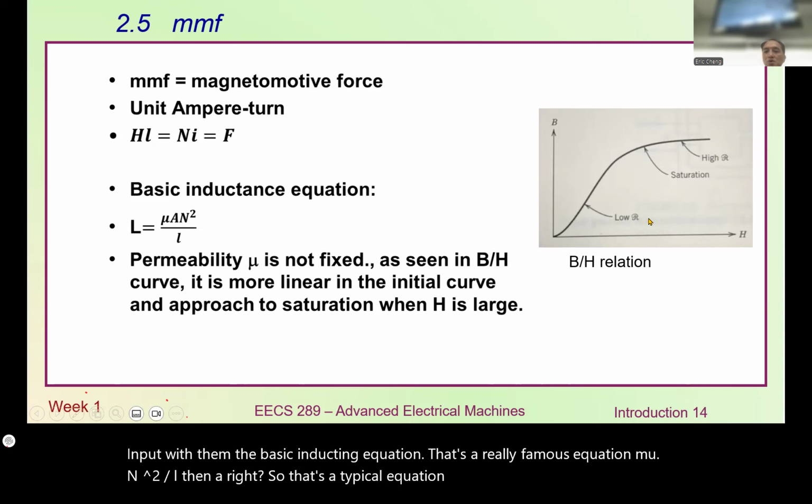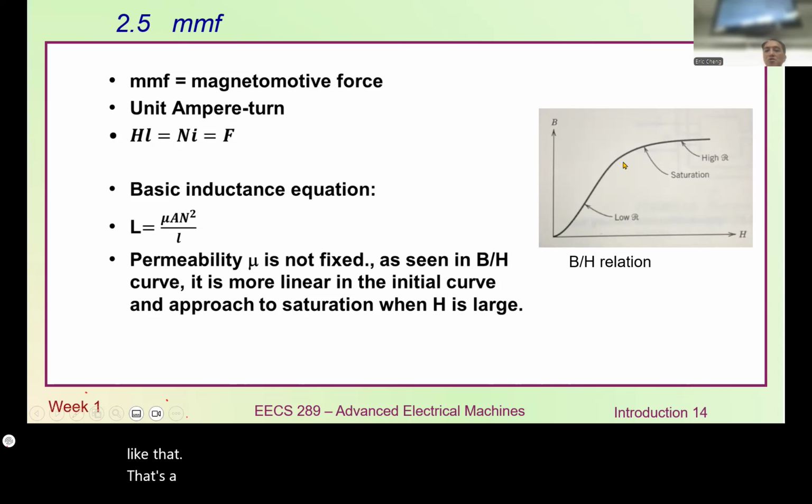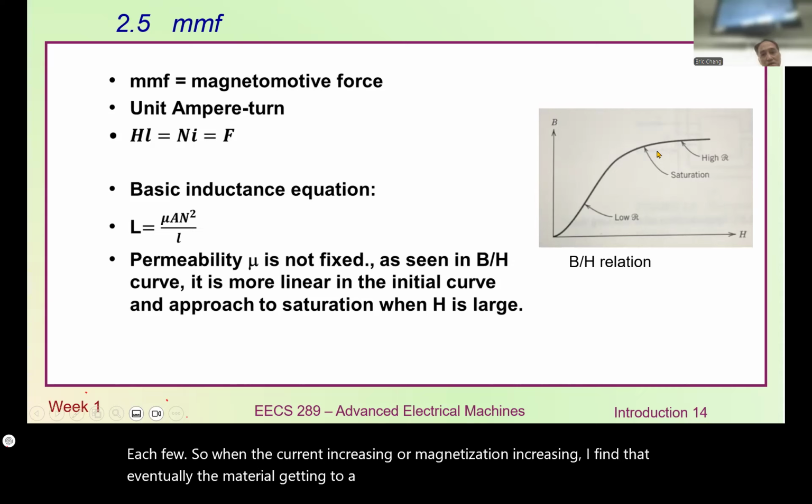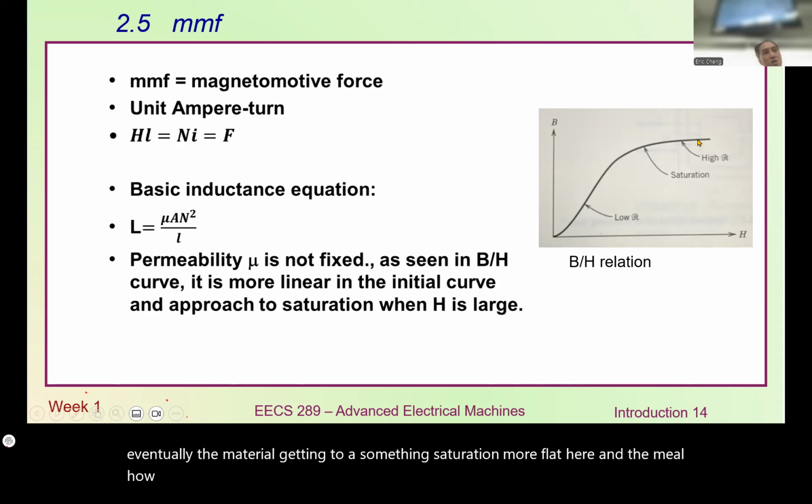And then you see the BH curve will be like that. That is a really typical BH characteristic. B is highly related to the input H field. So when the current or magnetization increases, you can find that eventually the material gets to saturation, more flat here. And the mu R will get closer to unity, 1.